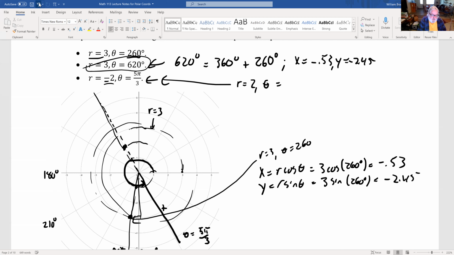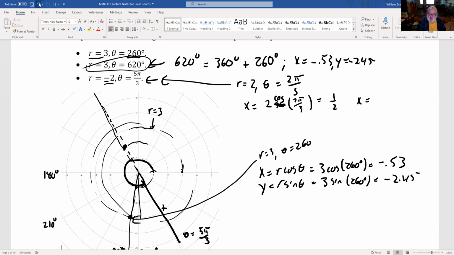So that's the same point you get when r equals 2 and theta is, 1, 2, 3, 4 pi over 3. No, 2 pi over 3. So x equals 2 cosine of 2 pi over 3. And we know that 2 pi over 3 has a sine of root 3 over 2, and the cosine of 2 pi over 3 is minus 1/2.